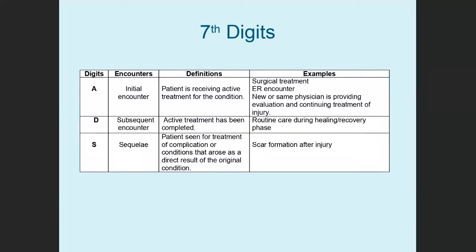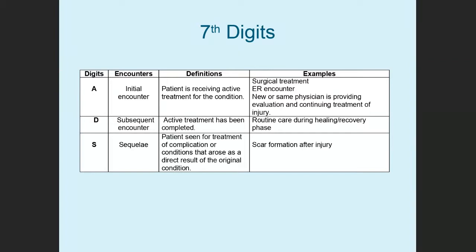So that's treatment of the injury. D is subsequent encounter. The active treatment's been finished, over and done, and now the patient is being seen to check on the healing process, to see how they're recovering, make sure that the wound isn't opening up, make sure that there's no infection, that kind of thing.